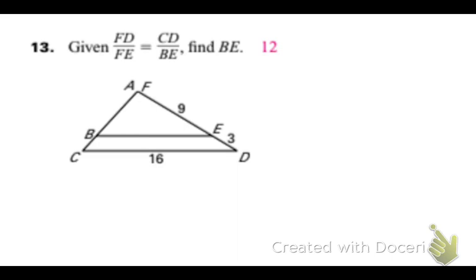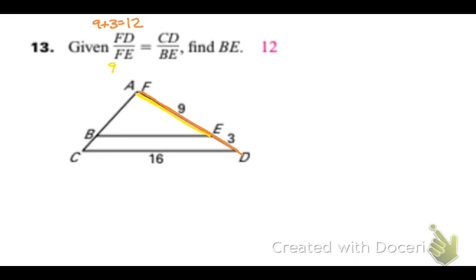So we're given FD. You notice it's that whole line. So FD is going to be equal to 9 plus 3 equals 12, over FE. FE is just this part right there, and that's equal to 9.